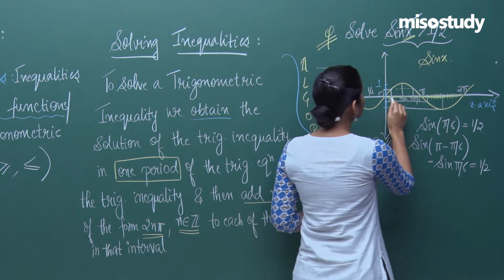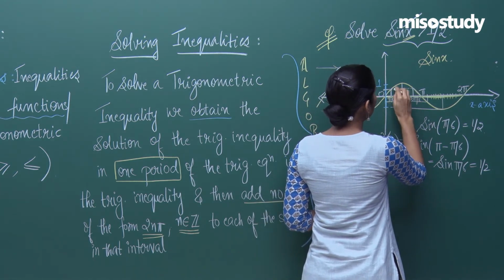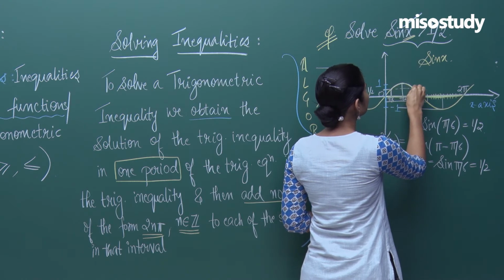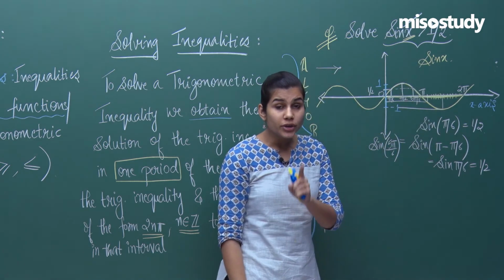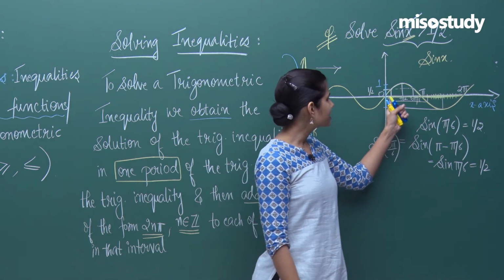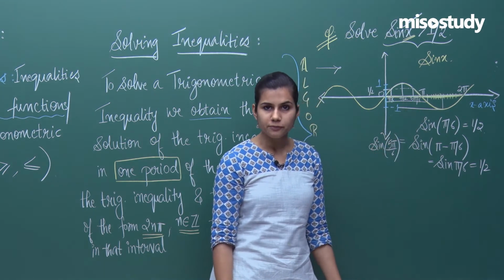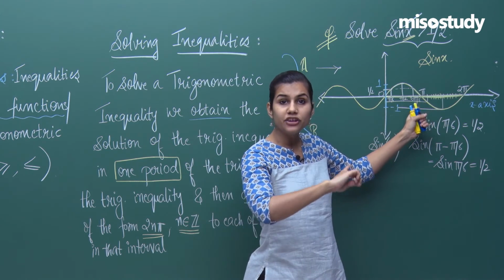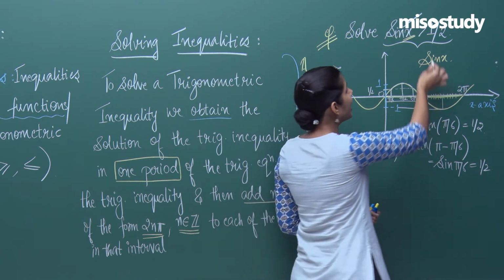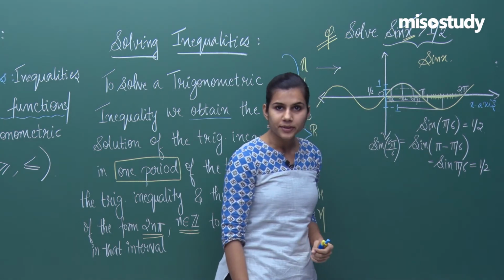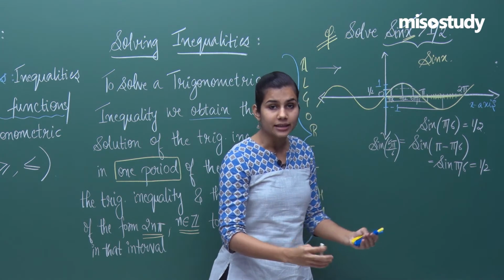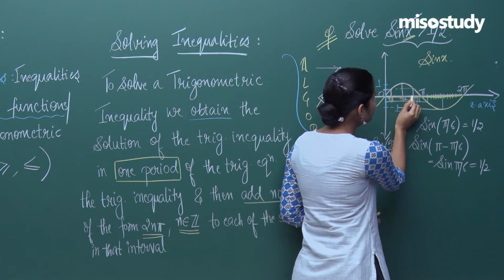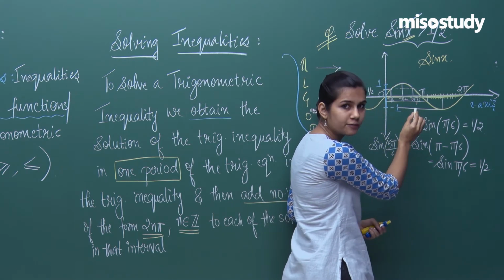That means from pi by 6 to 5 pi by 6 the sine ratio is strictly greater than half if I exclude pi by 6 and 5 pi by 6, because at those the sine ratio is exactly equal to half. I am not wanting equality. I am wanting strictly greater than, so you strictly go ahead of pi by 6 and strictly stay back from 5 pi by 6.